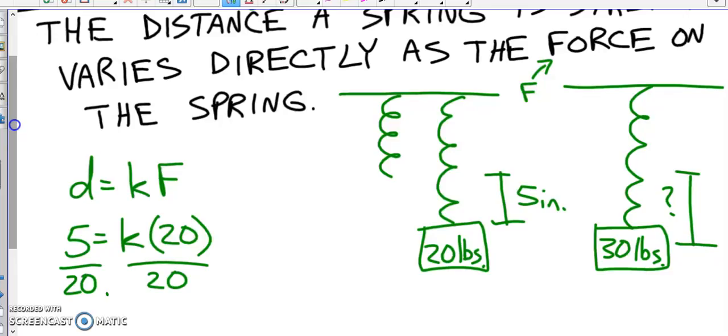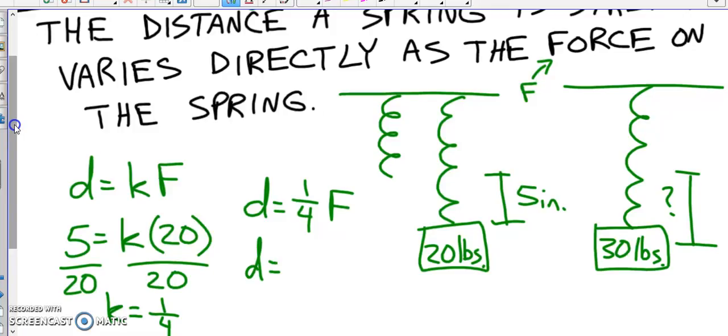So therefore, K would be 1/4. So the distance is equal to 1/4 of the force. If I plug in 30 pounds for the force, I would get 15/2, which would be 7.5 inches.